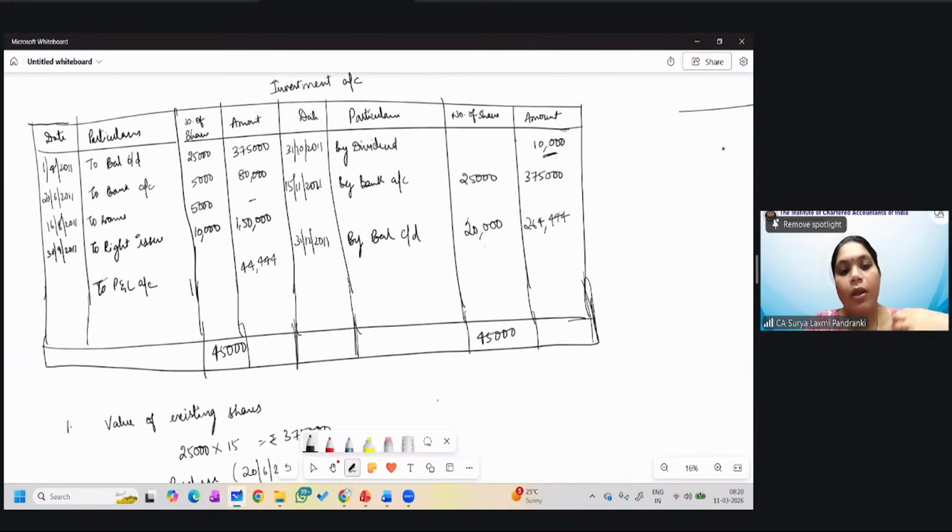What is the total of the amount column? Tell me the total of the amount column also. Let us finish this. I got two different answers.